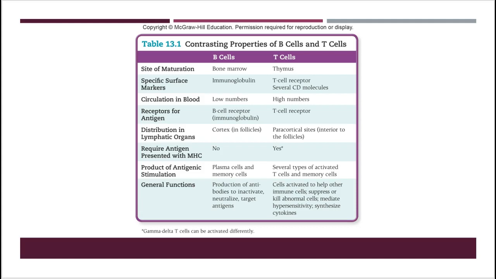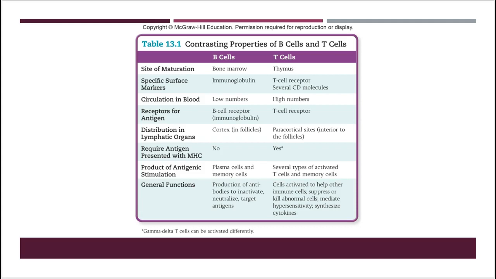So remember, B cells, when stimulated by an antigen, they're going to reproduce, and in that clonal production, they're going to form plasma cells and memory cells. T cells are going to form a number of different types of activated T cells, like our helper cells and our cytotoxic cells, as well as memory cells.